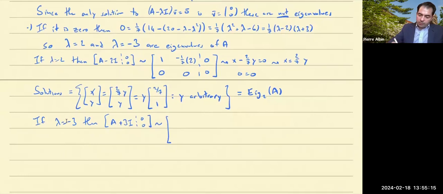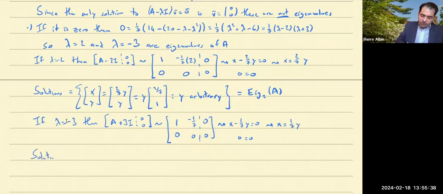So here I'm going to end up with 1, 0, minus 1/7, 0, 0, 0, which if I translate back to equations is x minus 1/7 y equals 0, 0 equals 0. And then if I write the pivot variable in terms of the free variable, I get x is equal to 1/7 y.